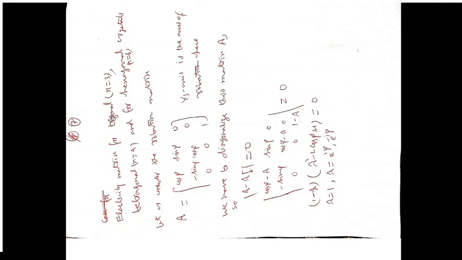So for trigonal we have an angle of rotation 2 pi by 3. Similarly for tetragonal we have 2 pi by 4, and for hexagonal we have 2 pi by 6. So there is one such axis in each of trigonal, tetragonal and hexagonal.